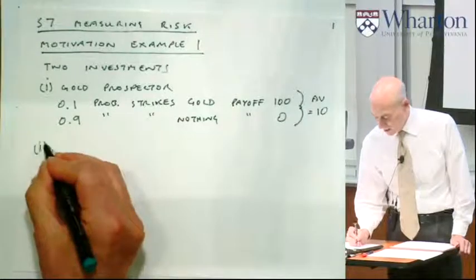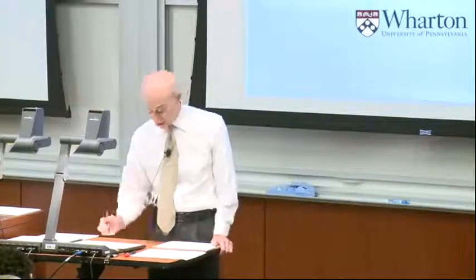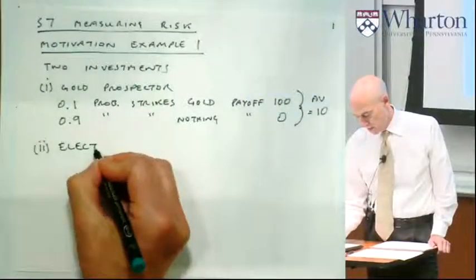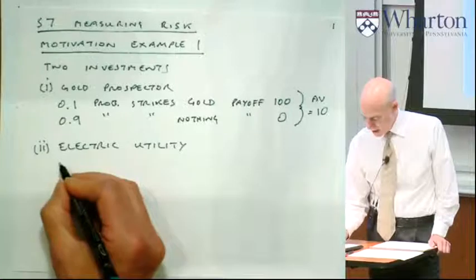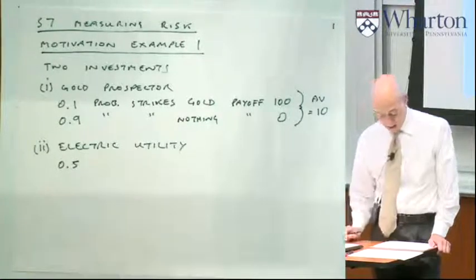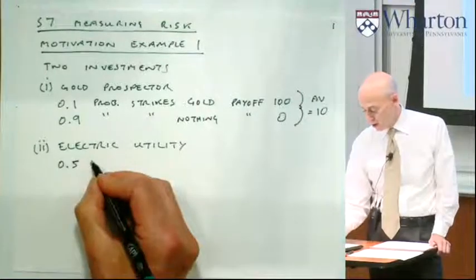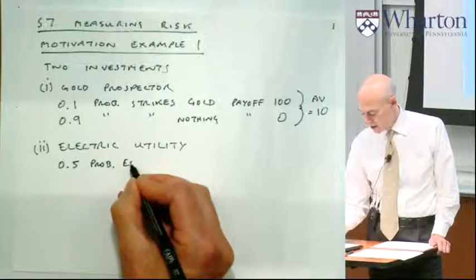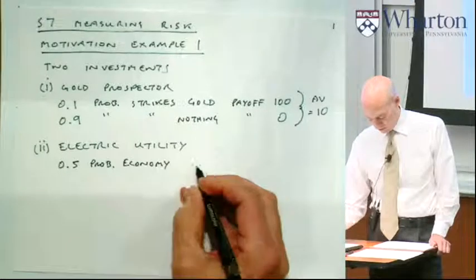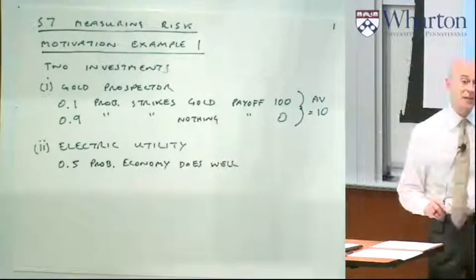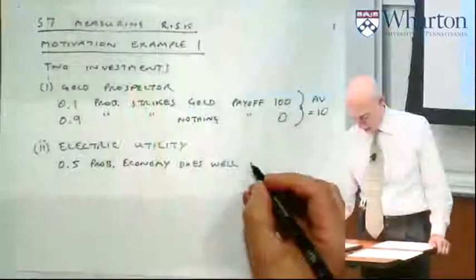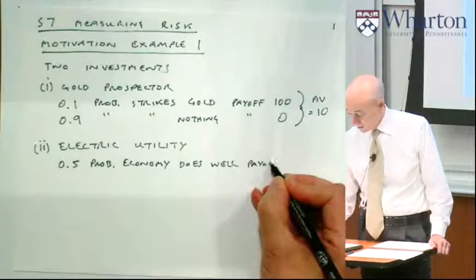Now your second investment opportunity is shares in a company that's an electric utility. We're going to have 2 states again to keep things simple. There's a 0.5 probability that the economy does well. And if the economy does well, people use a lot of electricity and the utility makes a lot of money, so the payoff is, in that case, 15.